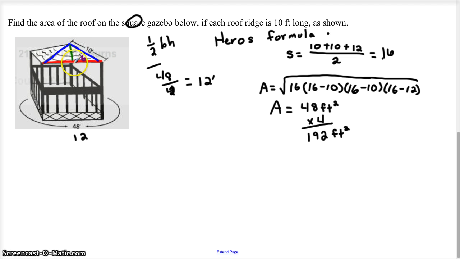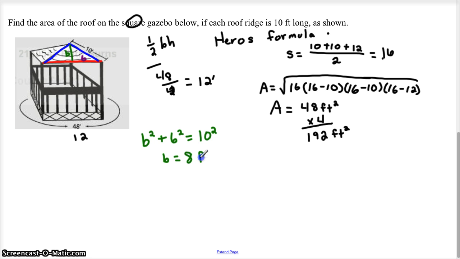I can use the Pythagorean theorem to find the length of the green line, and we'll call that green line B for now. So B squared plus 6 squared is equal to 10 squared, or B is going to equal 8.